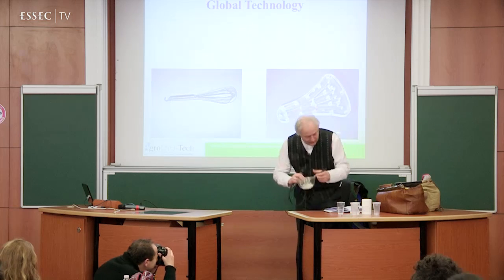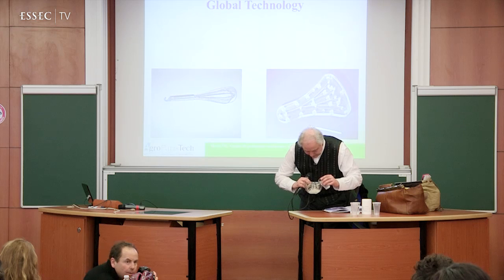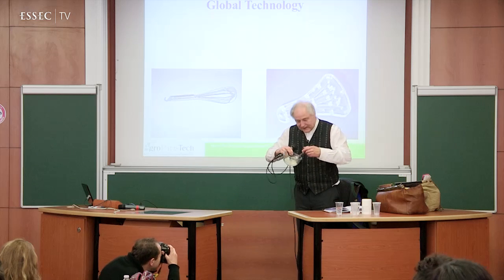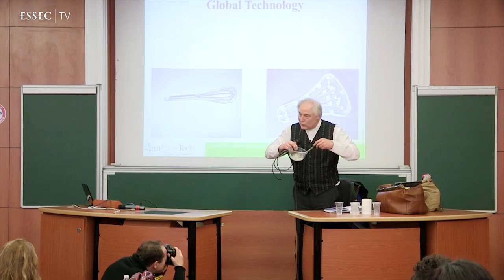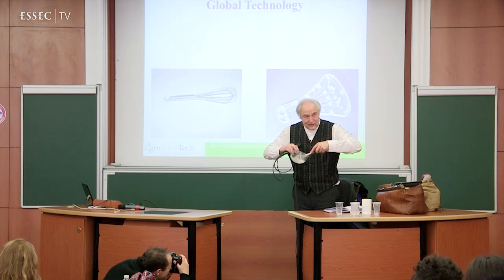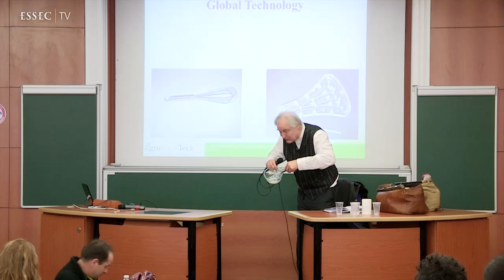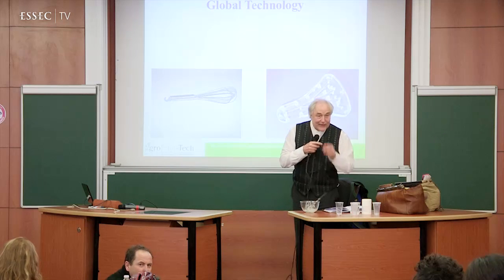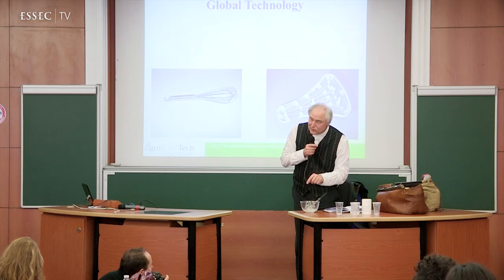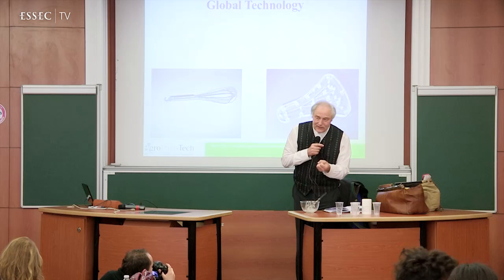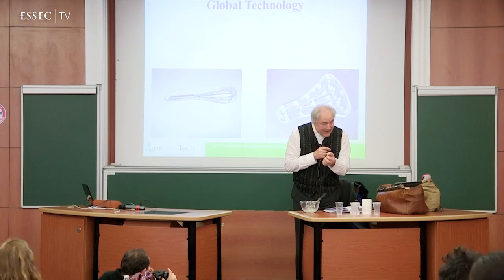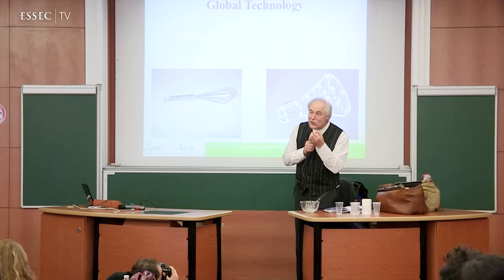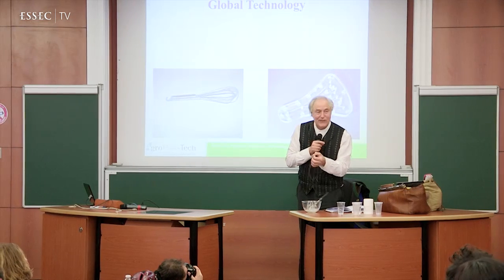I will put some more water, probably. So we whip. What does it mean? It means that you introduce air bubbles inside the liquid, and there is a foam. So you see the air bubbles. By the way, when you calculate the quantity of foam that you could get, I calculated years ago that from one egg, you can make 1 cubic meter of whipped egg white.